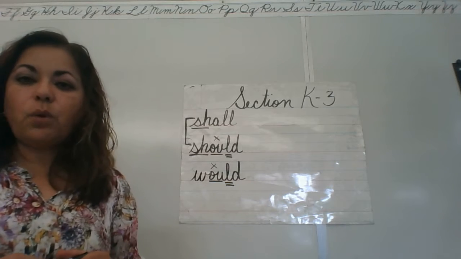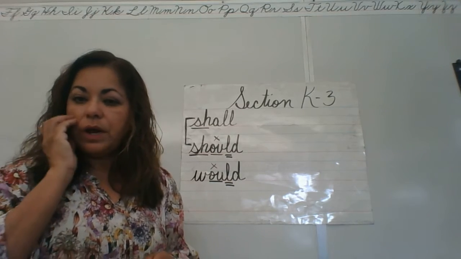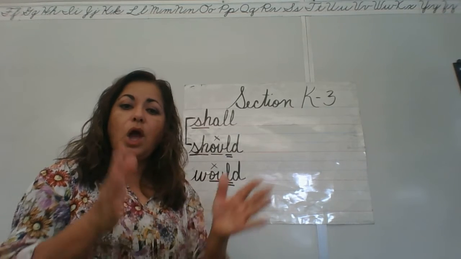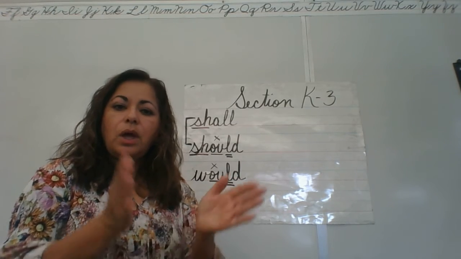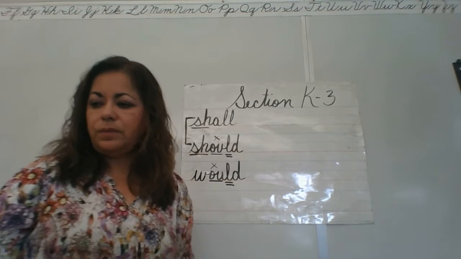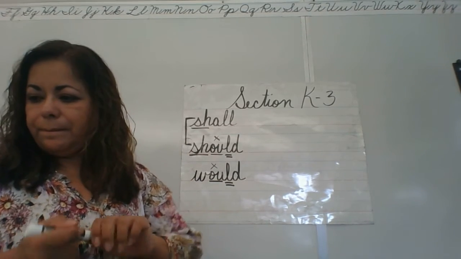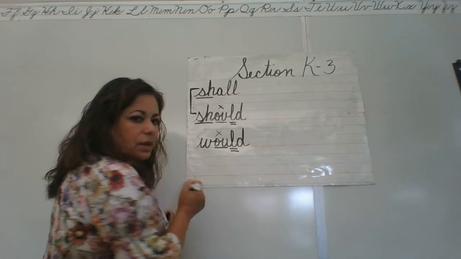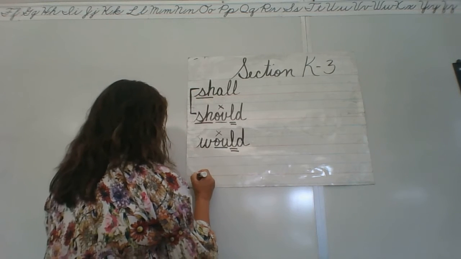That's 3. Number 4. Your number 4 word is could. Could you please be on time today? Could. 1 syllable. Go ahead and write that, and I'll write mine, and then look at mine to see if you spelled it correctly.